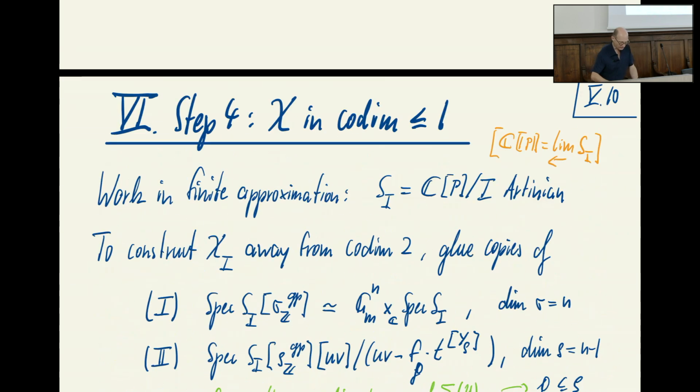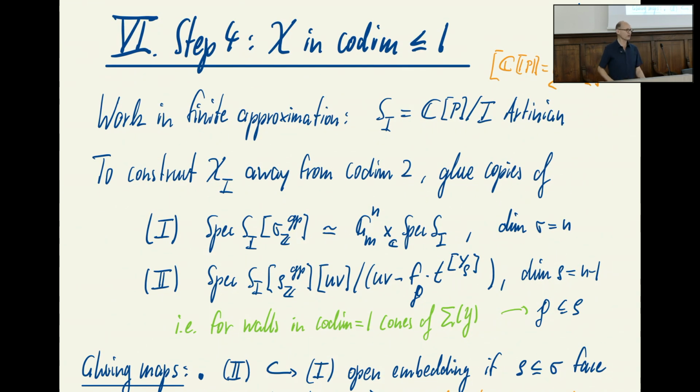Okay, so we have a wall structure. Step 4. When you have a wall structure, you can construct a space in codimension less than or equal to 1, simply by gluing together. Actually, that's not quite true. Not whenever you have a wall structure. You need a little bit of consistency.